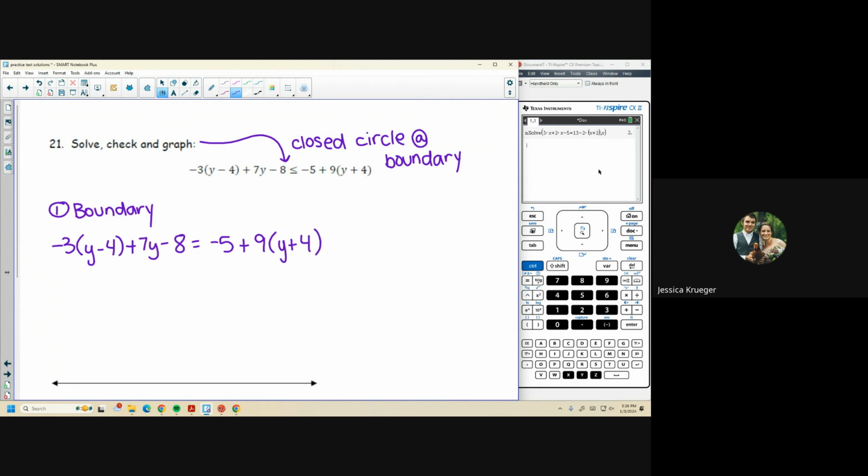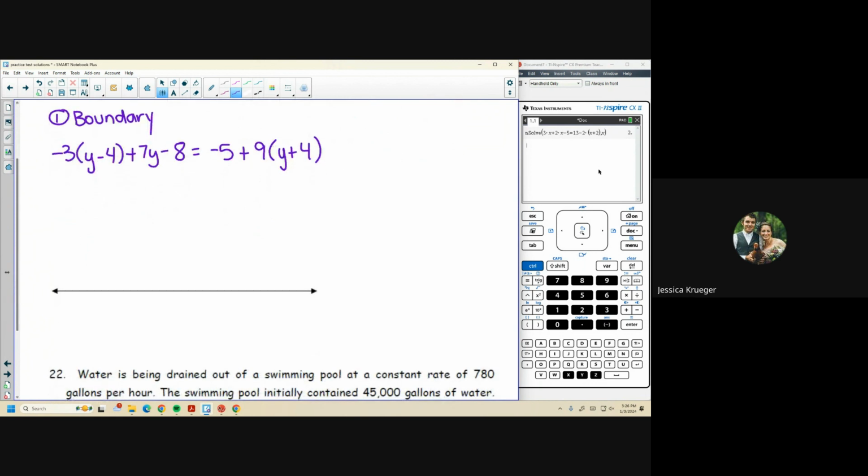So I'm going to figure out the solution to this equation. So I'm going to start by distributing over here on the left. That'll give me -3y plus 12 plus 7y minus 8 equals. On the right, I also have distributing. So it's -5 plus 9y plus 36.